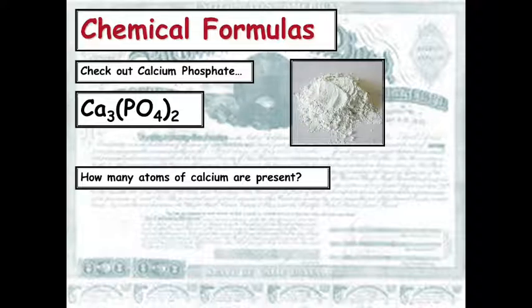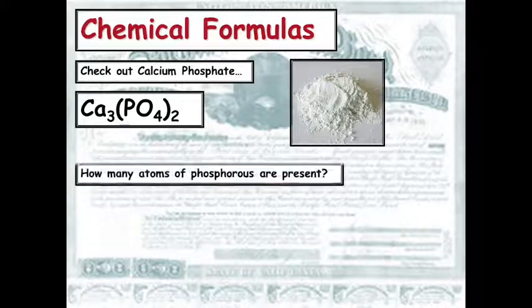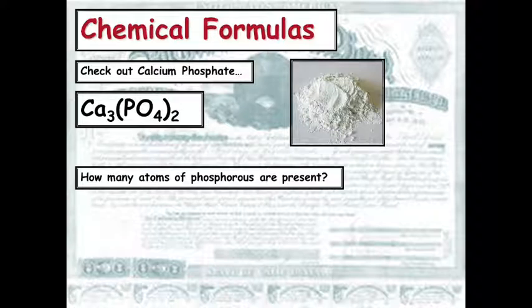Calcium is not inside parentheses, so it does not get any distribution. Calcium does have 3. Phosphorus is our next element. How many phosphoruses do we have? We have 2 phosphoruses, because 2 times 1 is 2. Now oxygen is 2 times 4. That gives us 8. 8 oxygens are there.